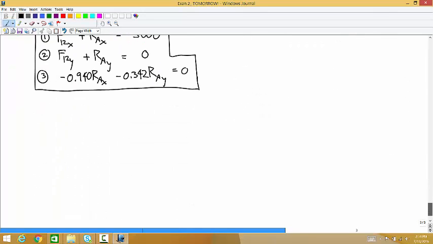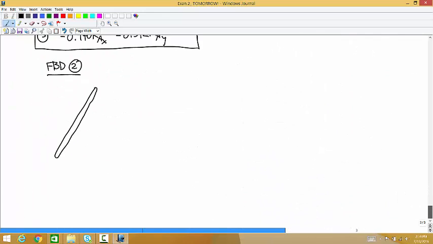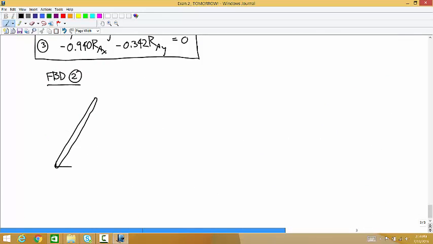And now we'll go to the second body. Down here we have a force vector, I'll call it RC. Here we have the force on 2 by 1, which is negative force on 1 by 2. And what about that 5,000? Nope, that 5,000, we've already used that. That's acting at the pin, which is part of member 1.